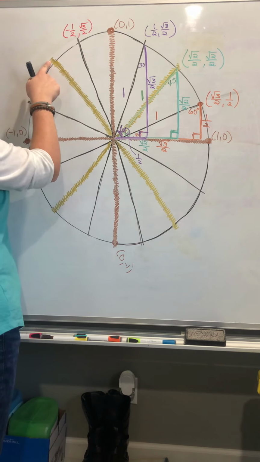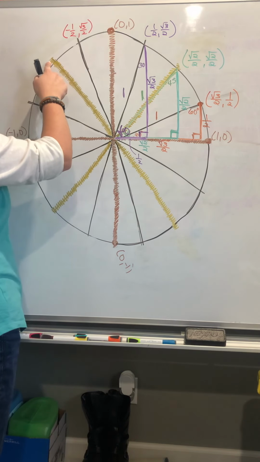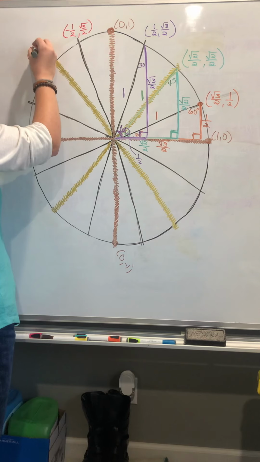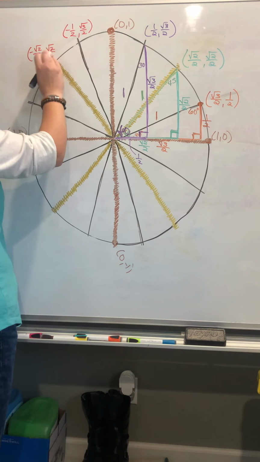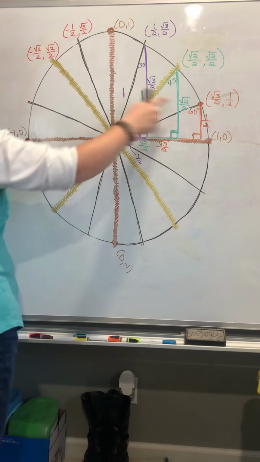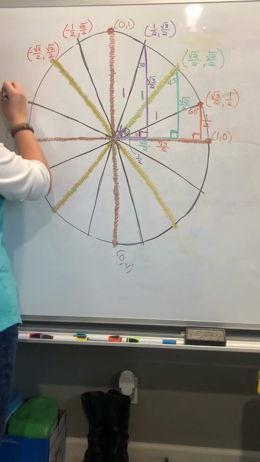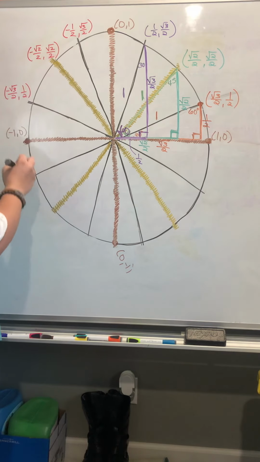This point, same height as this one, same distance away, but in the negative x's. So negative square root of 2 over 2, square root 2 over 2. This one matches up to this point. So you have negative square root of 3 over 2, positive 1/2.